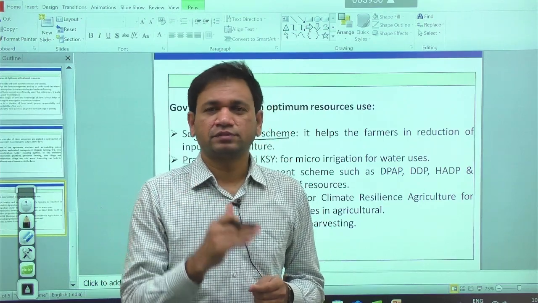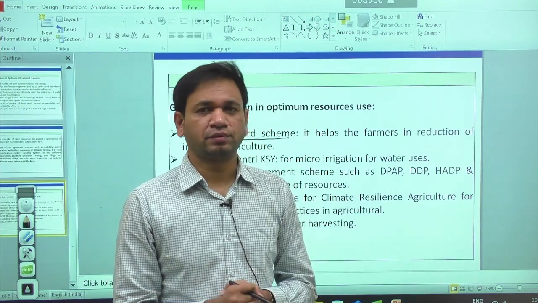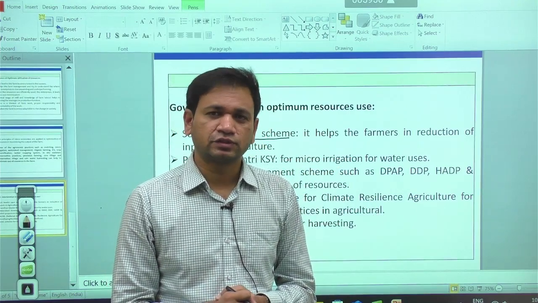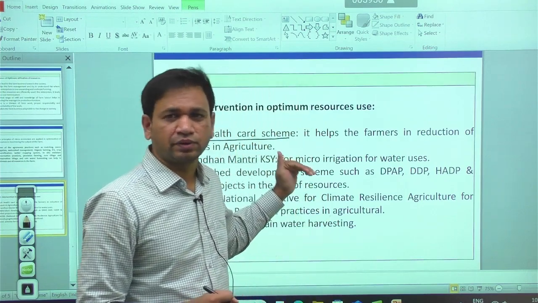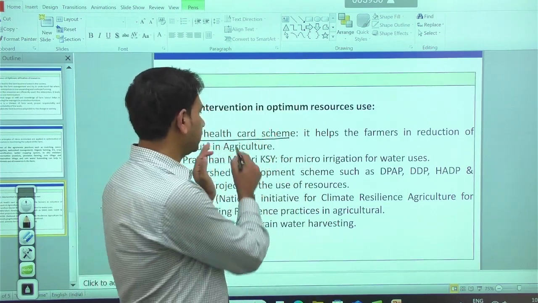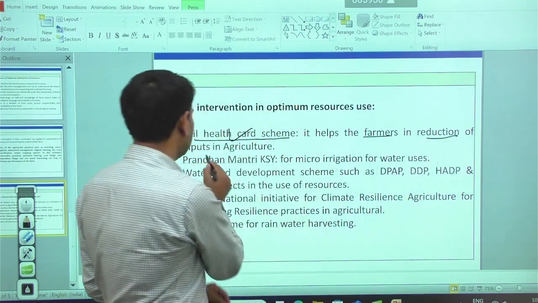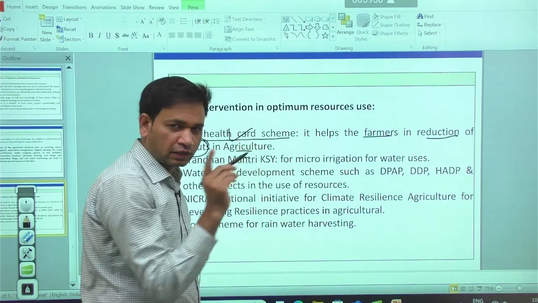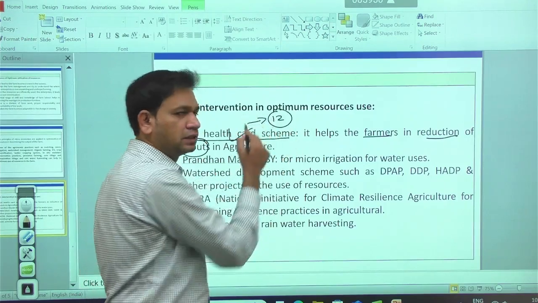With the help of this decision, we can minimize the input application, and also minimize the cost of production. Through that, proper use of resources is supported by the soil health card scheme. So it helps farmers in the reduction of agricultural inputs, because presently they are giving the report on 12 elements.